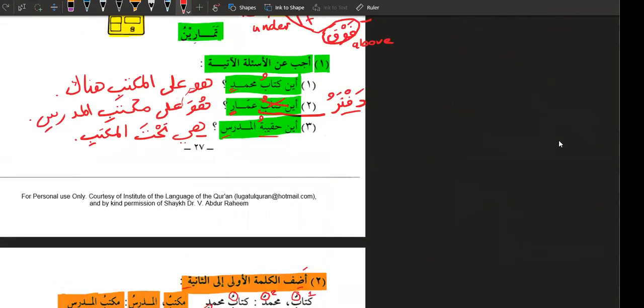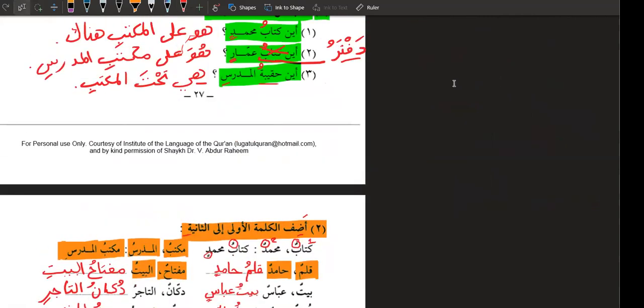Jayid. If that's clear, then I'll give you, inshallah, some sentences to translate based upon this lesson, mudaf and mudafun ilay.